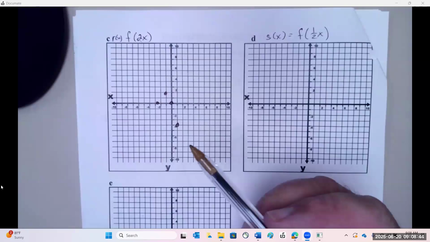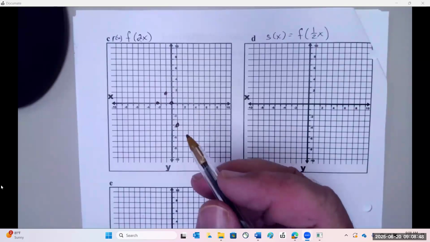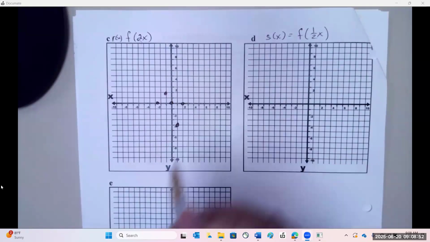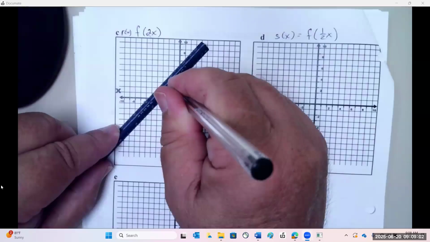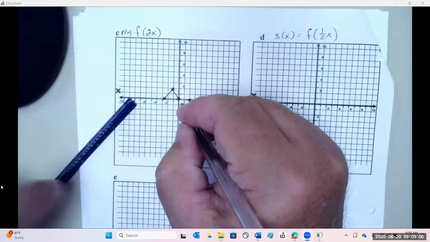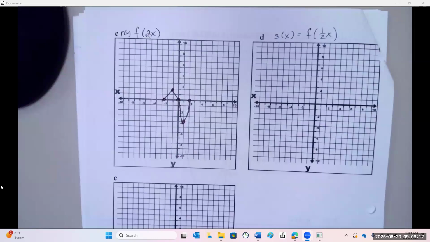And the last one was 4, 0 originally. It becomes 2, 0. You can't just say 2. You have to give me a point. I'm changing the point location. So what happens to this graph? What kind of shrink? A horizontal shrink. Why do we know it's only horizontal? Because the y values stay the same.